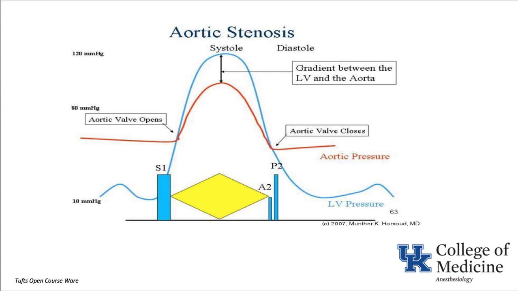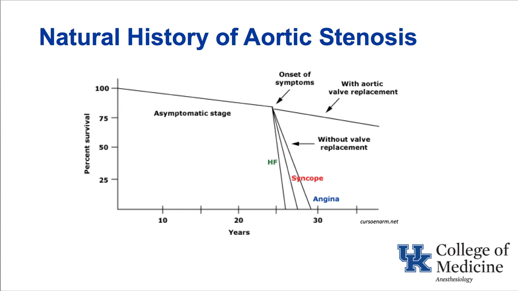And if we look at the natural history of these lesions, aortic stenosis, from the time of onset of symptoms, shown up at the top right, you can see that there are three major symptoms that we talk about: heart failure and syncope and angina.